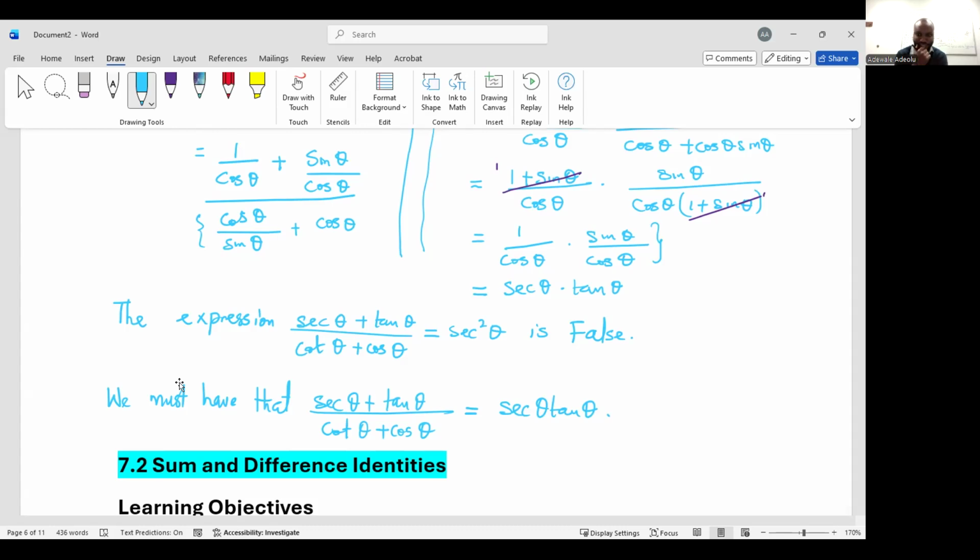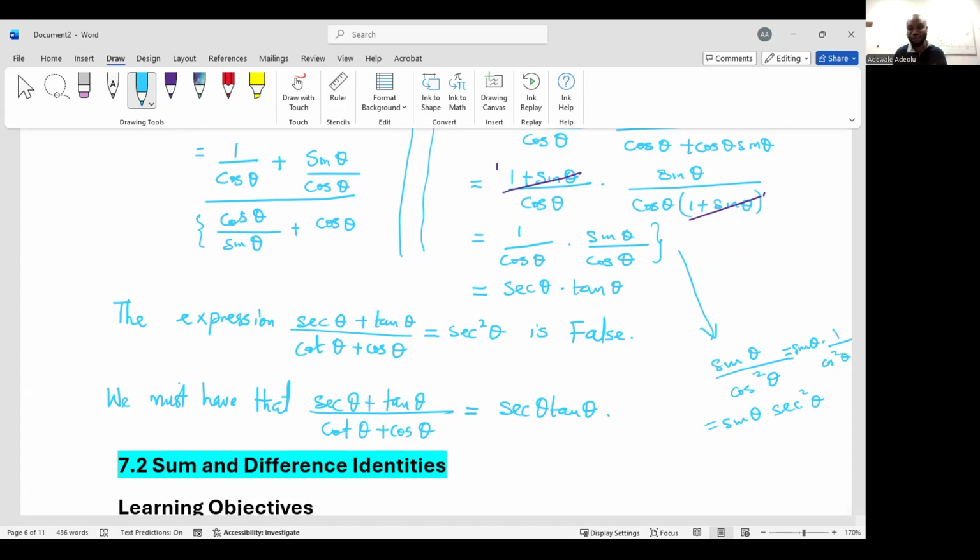Okay. So maybe another possibility is something like this. Sine of theta divided by cosine squared of theta, right? Which is equal to sine of theta times secant squared of theta. Because I can write this as sine of theta times 1 over cosine squared of theta, which will give me secant squared of theta times sine of theta.